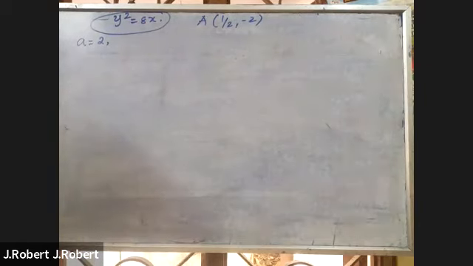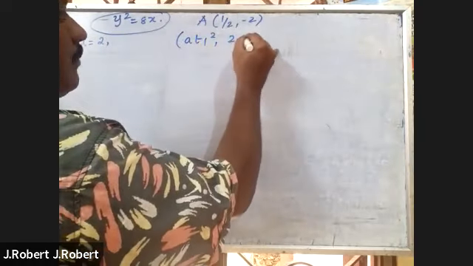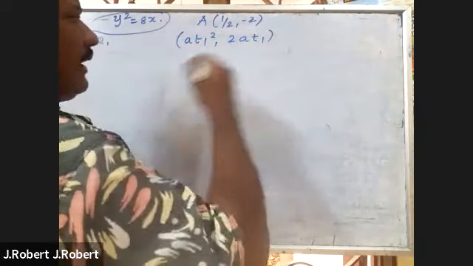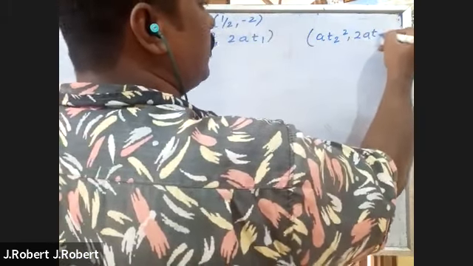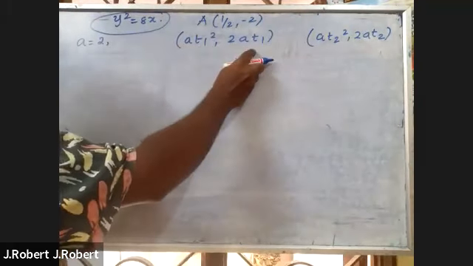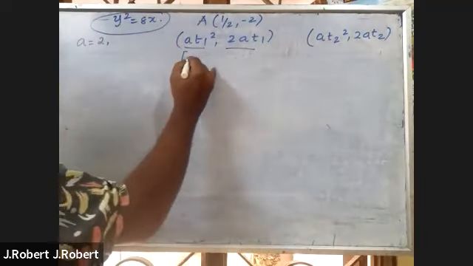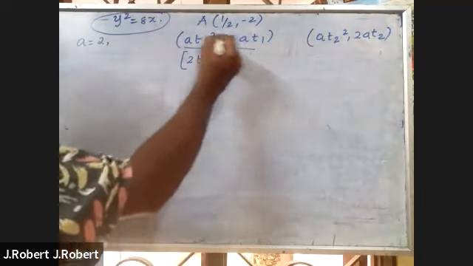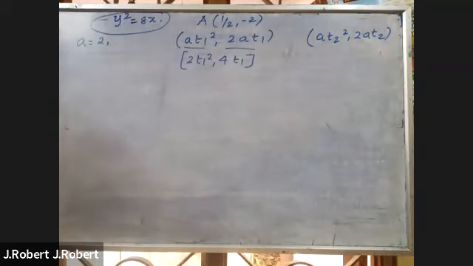Now next one, any one of the points, so there are two points. I can take this as 2t1 squared comma 4t1, and another point as 2t2 squared comma 4t2. From this, the first point is A, which is given as 2t1 squared comma 4t1.